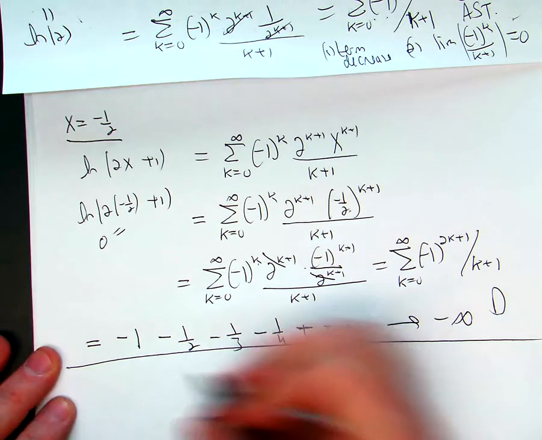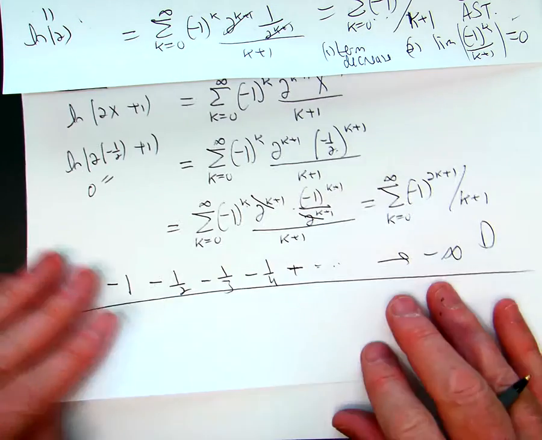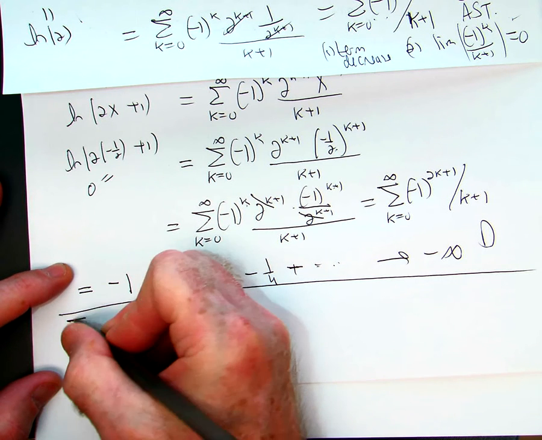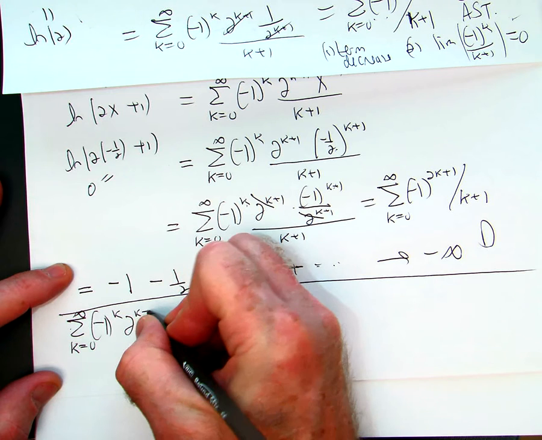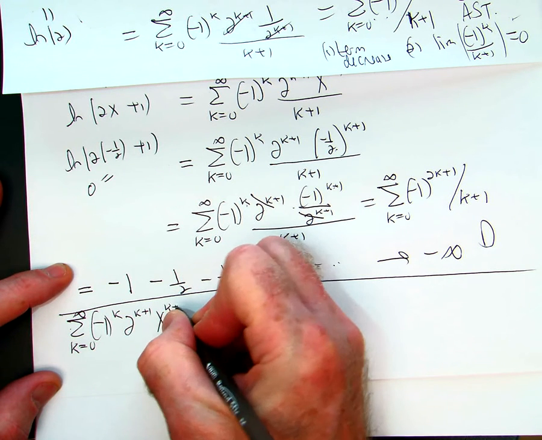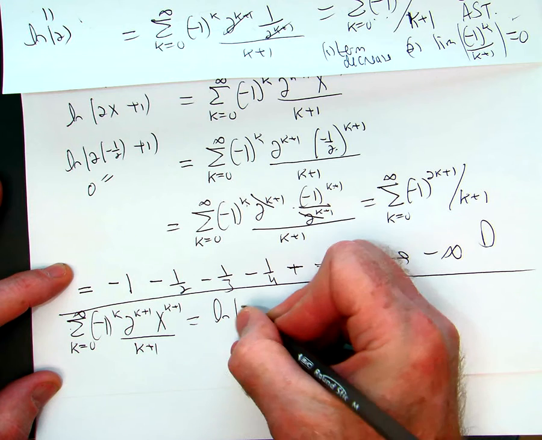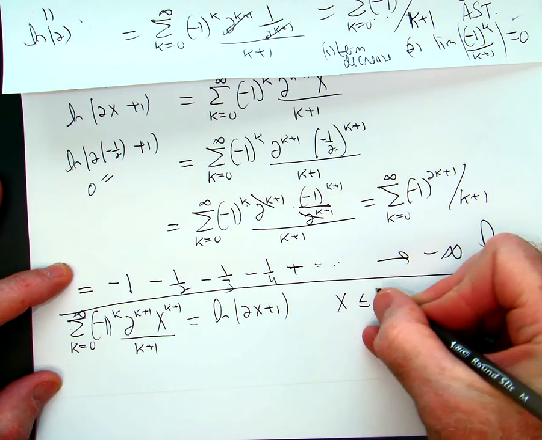Summation, I'm sorry, that's a bad pun. To summarize, we get this series is equal to the natural log of 2x plus 1 for x greater than minus 1/2 and less than or equal to 1/2.